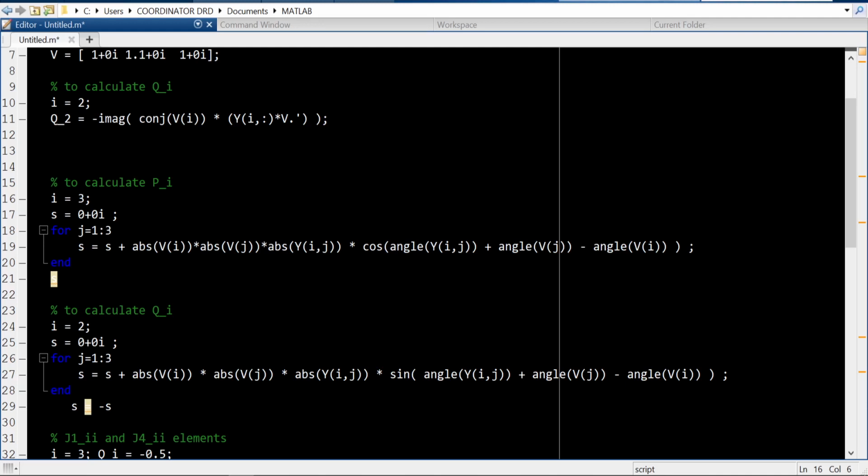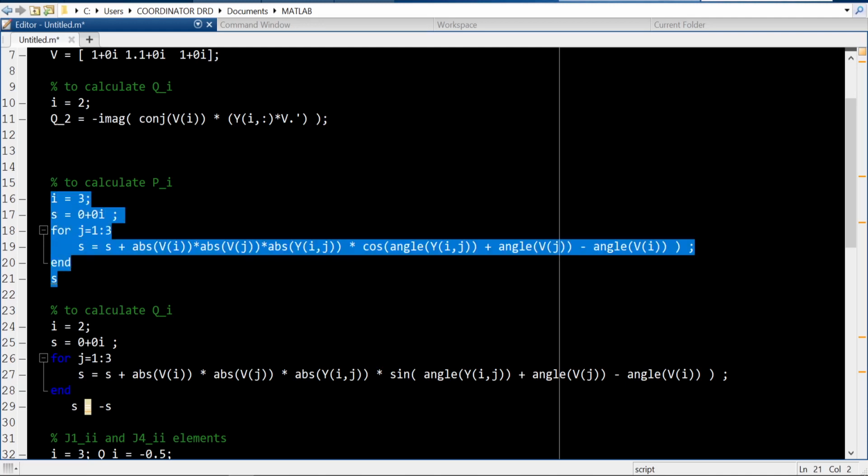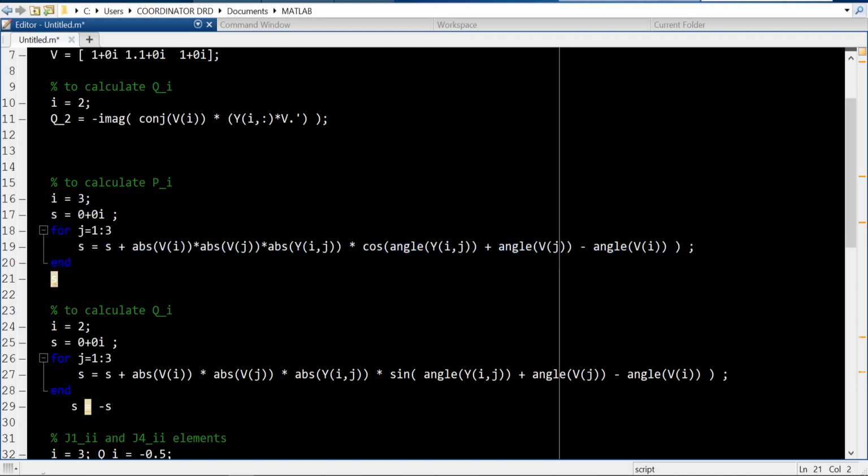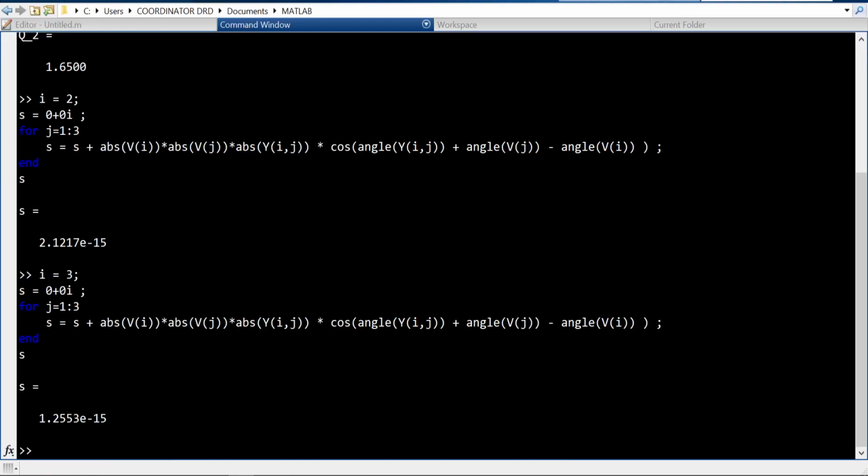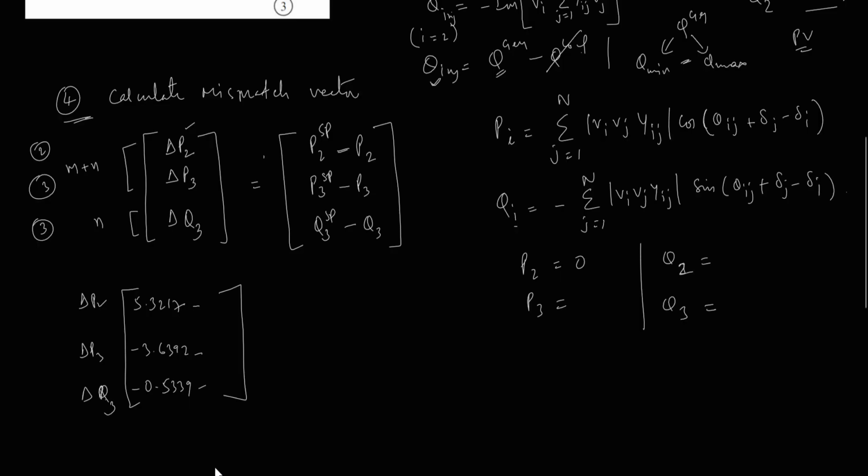Same equation, if I put i equals 3, I will get P3. So I select this and run the selected portion of MATLAB. P3 is also 0, so I take P3 also 0.